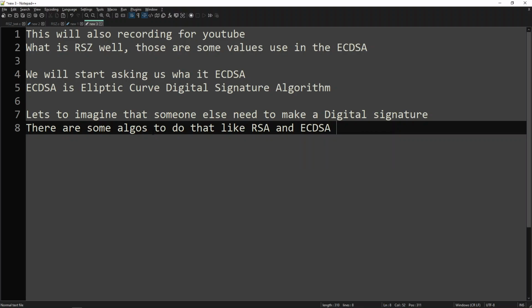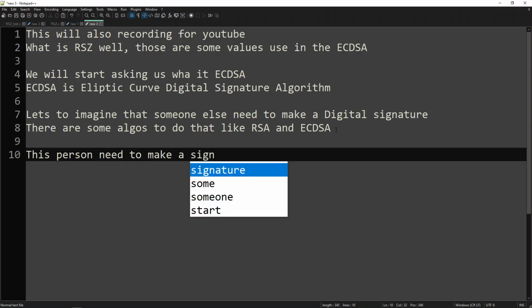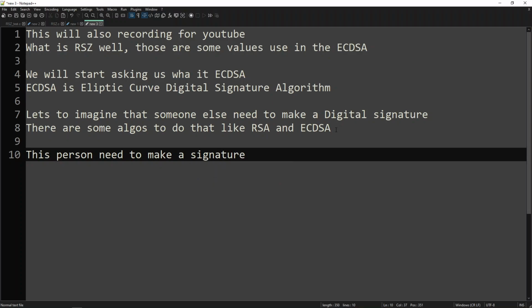There are others, but these are only a few examples. So in this case, we are talking about this. So this person needs to make a signature for a message.